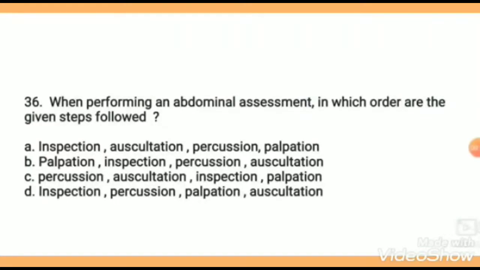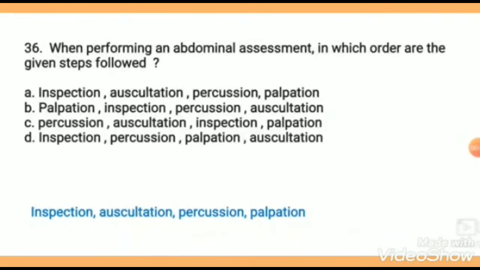When performing an abdominal assessment, in which order are the given steps followed? A. Inspection, auscultation, percussion, or palpation. B. Palpation, inspection, percussion, auscultation. C. Percussion, auscultation, inspection, palpation. Or D. Inspection, percussion, palpation, or auscultation. So, the correct answer: inspection, auscultation, percussion, palpation.